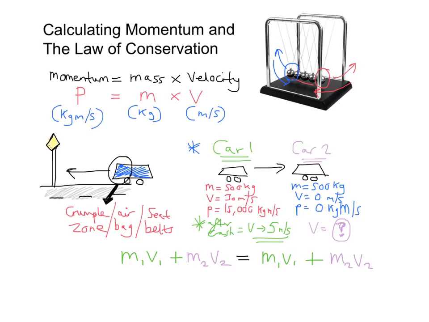So m times v is momentum. So what we're essentially saying here is the momentum of car 1 and car 2 before the collision must equal the momentum of car 1 and car 2 after the collision.